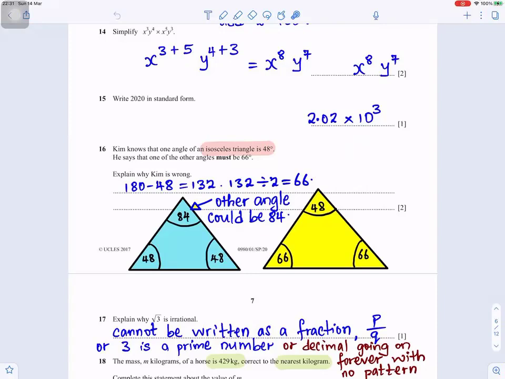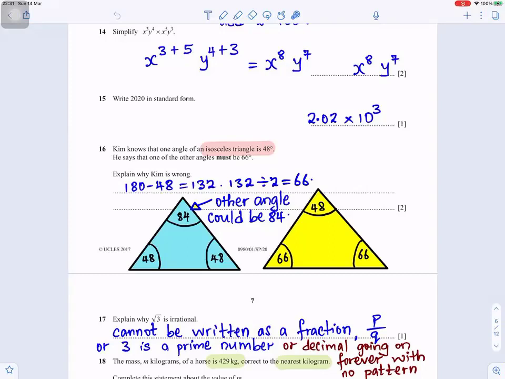But I've shown 2 different triangles there. One is yellow, where you get 66 degrees. And you can also get the option where one of them is 48, the other one is 48, and you get 84 degrees. So that's another option, another angle, which is 84 degrees.